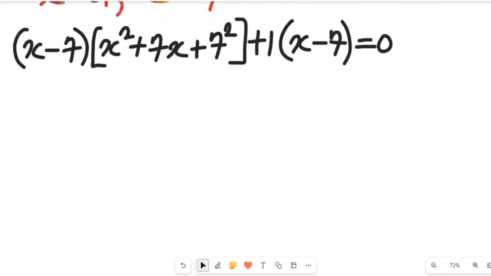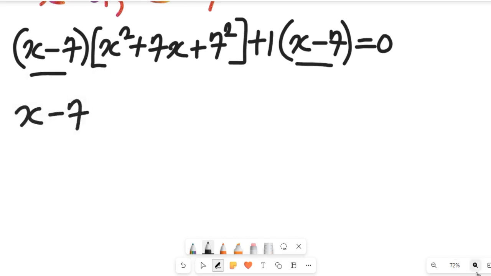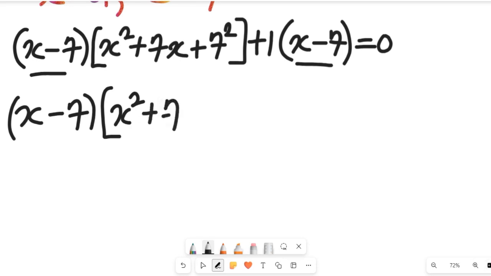Having done this, you see that x minus 7 is common in this expression. So let's bring out x minus 7. If I bring out x minus 7, that other expression will now give us x squared plus 7x plus 7 squared, which is 49.